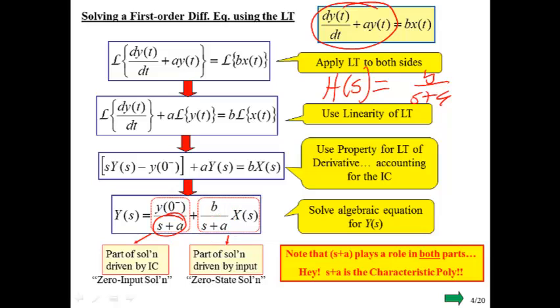And not only that, but it's also what's known as the characteristic polynomial of the system. So the characteristic polynomial shows up in the denominator of the transfer function, and it also shows up in the denominator of the zero input solution. So that's the key insight. Same big idea that we saw for discrete time.